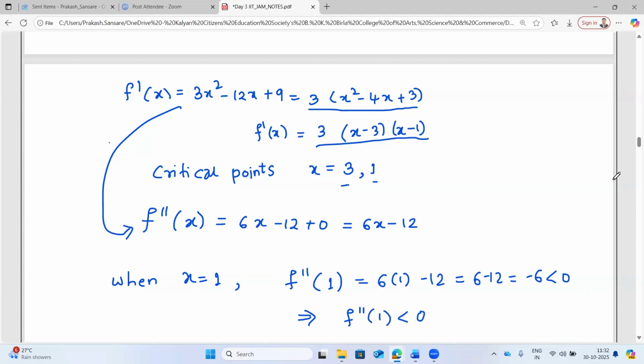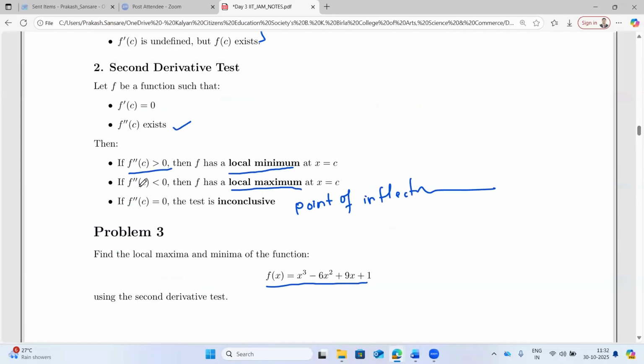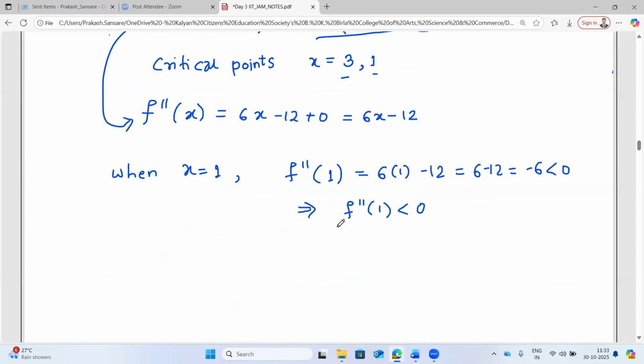And when the double derivative is strictly less than 0, we have already written that f has a local maxima at x is equal to c. Now my conclusion is, therefore, f has local maxima at x is equal to 1.